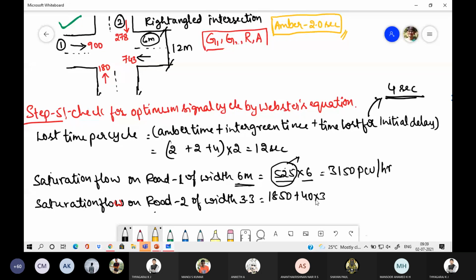This is also constant. So we get 1874 PCU per hour. For 3 meter width, we have to assume the saturation flow as 1874 PCU. For 0.3, it is the same as we calculated for 3 meter, that is 1874.